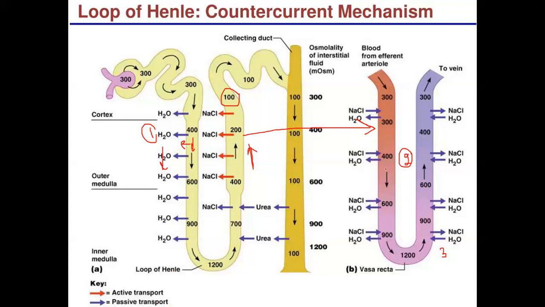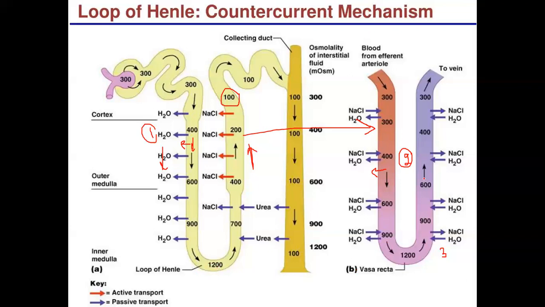And water is coming out of this. This is near to this. So when water is coming out of this, inside the blood, inside this vasa recta, blood osmolarity is changing. And now at this tip, it becomes 1200. Look at this. Here it is isotonic to this.